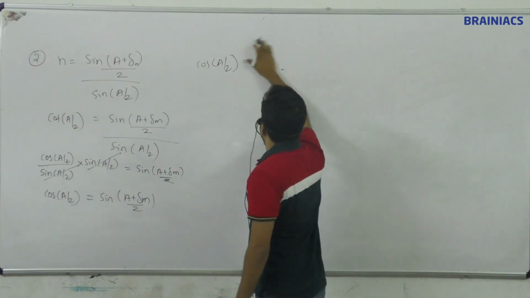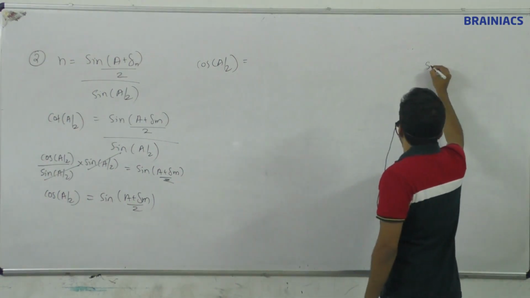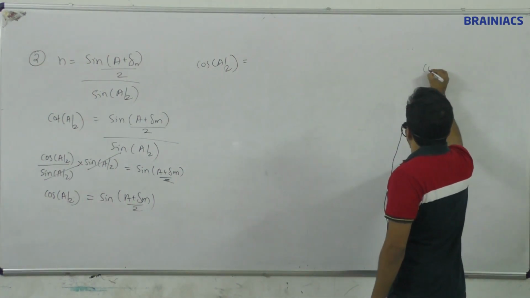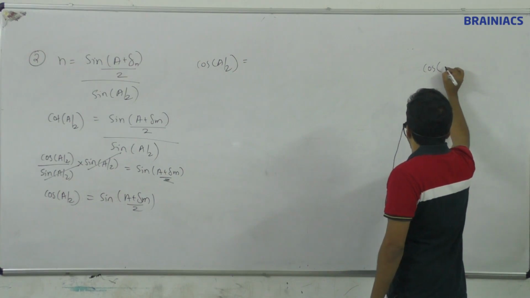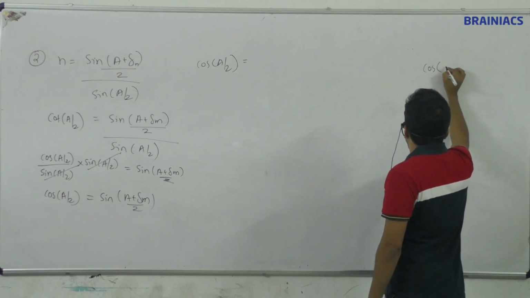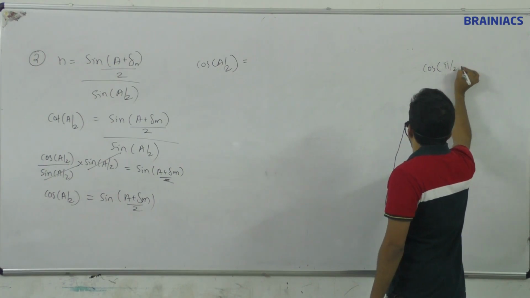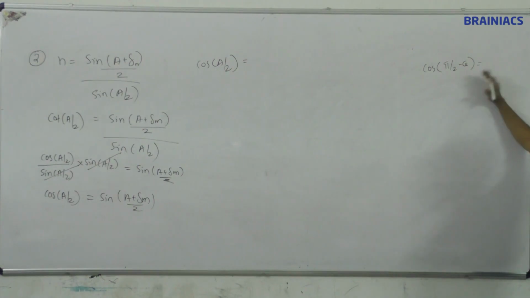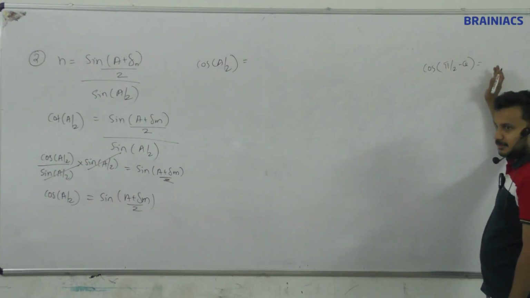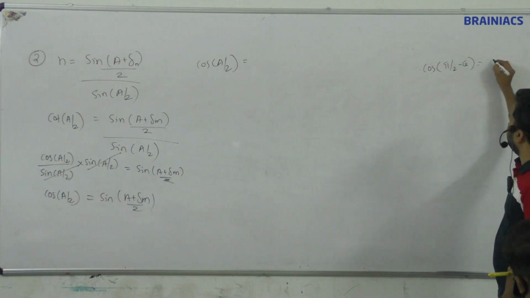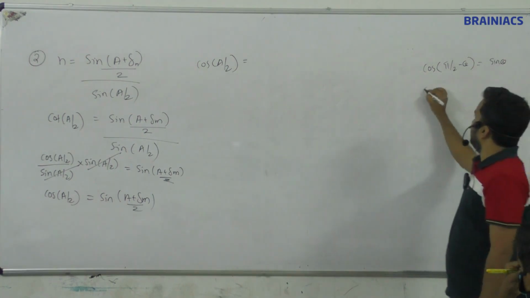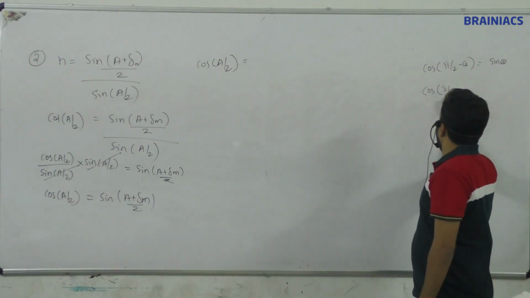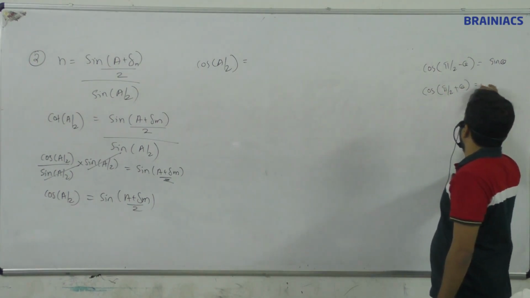Before going here, what is cos of pi by 2 minus theta? Pi by 2 minus theta means first quadrant, 90 minus theta. What will come? Sin theta. Similarly, what is cos of pi by 2 plus theta?